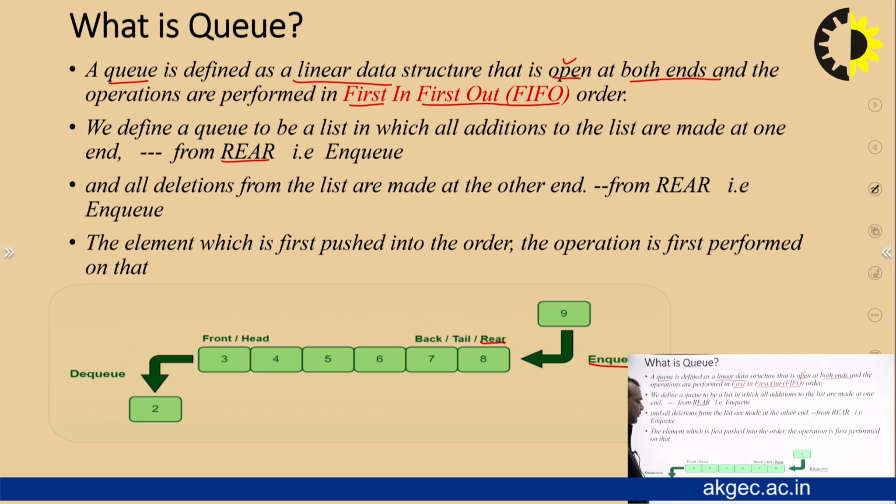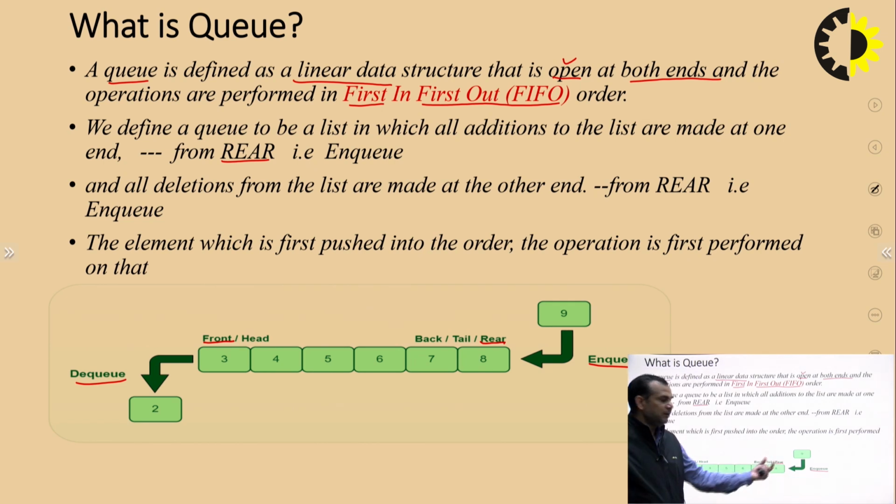Similarly, when we delete an element from the queue, it happens at the other end, which is known as the front, and this operation is known as dequeue. So when we insert an element in a queue, it is done from the rear end, and when we delete an element from the queue, we use the front, and that function is known as dequeue.